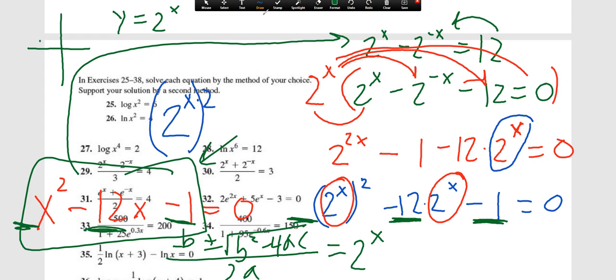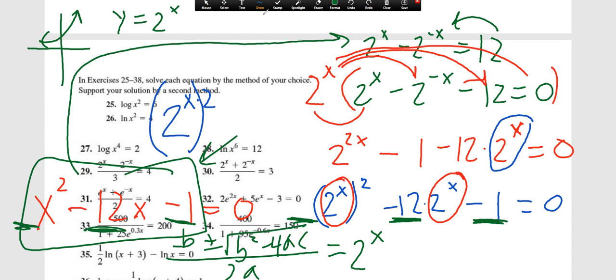When does that graph go below the x-axis? Never. The range of that function is 0 to infinity. It never goes below the x-axis.